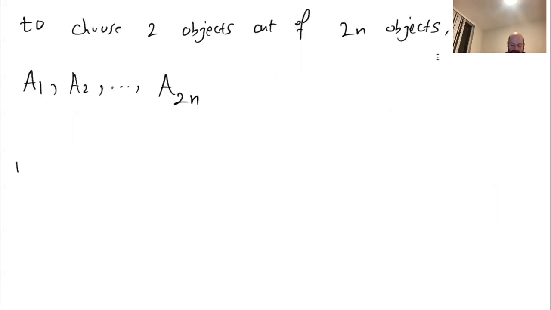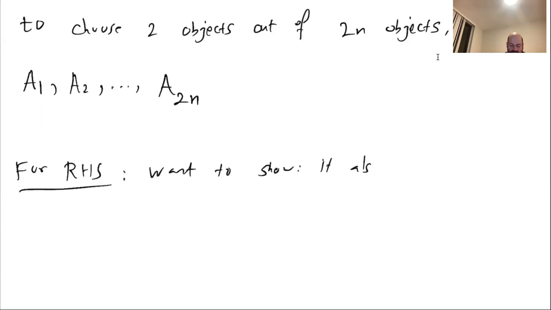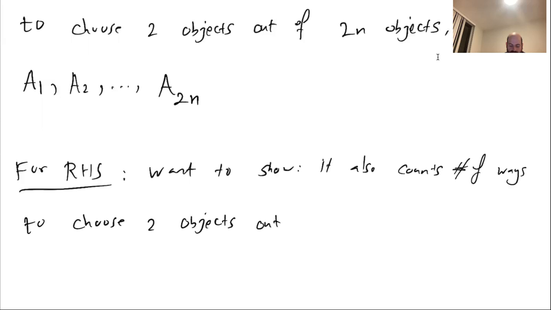Now, for the right-hand side, I want to show that it also counts the number of ways to choose 2 objects out of the 2n objects above.